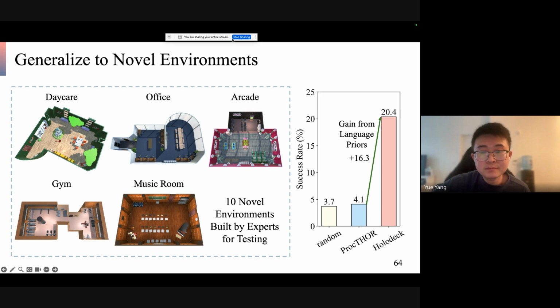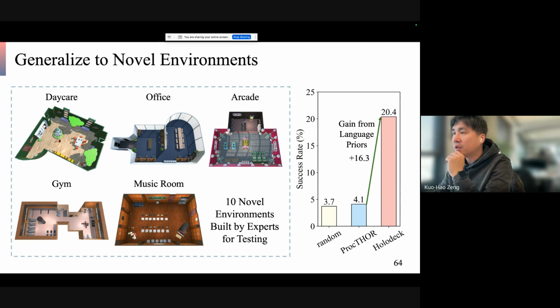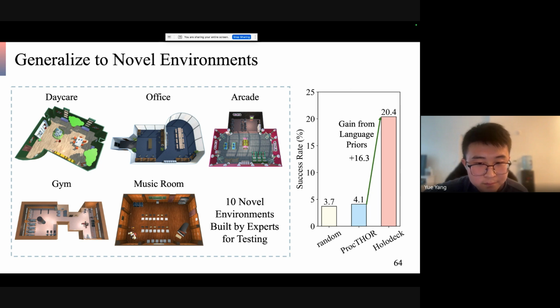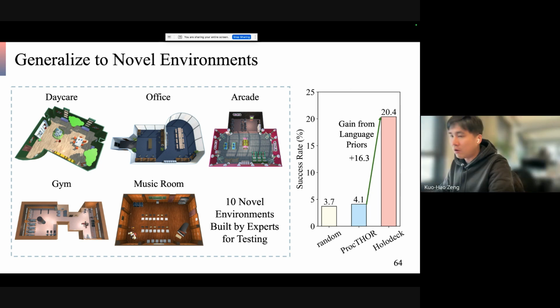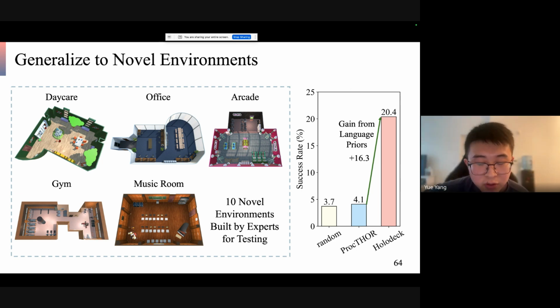Question? Yeah. So in the novel environment, what would be the target object type for the agent? Is it unseen in ProcTHOR, or are all of them unseen in ProcTHOR training? It's seen in ProcTHOR because this ProcTHOR version is using observers' assets, so it may have seen such object types.